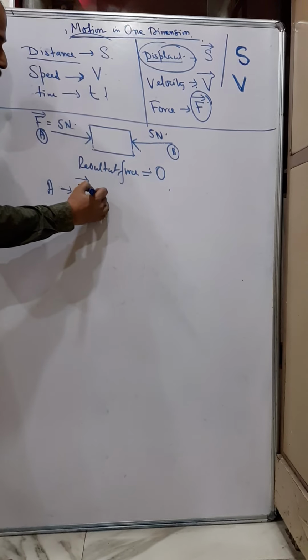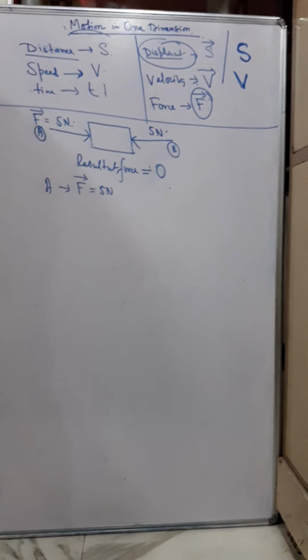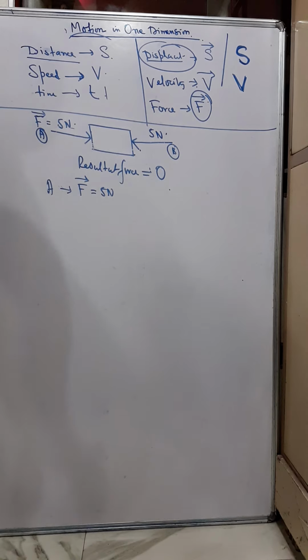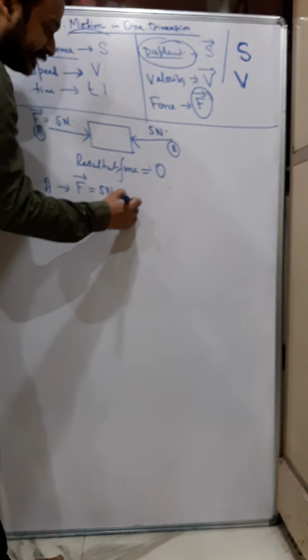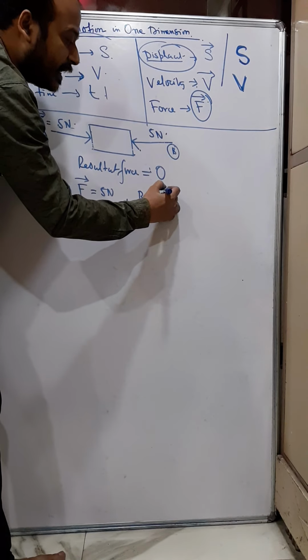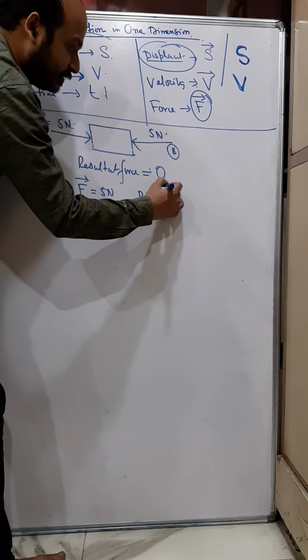Now how do we express this mathematically? Person A is applying a force of 5 Newton in a positive direction, and somebody is opposing that, that is B, and B is applying a force of 5 Newton.